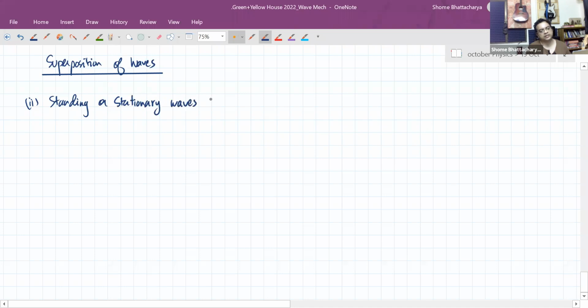Now these are created when waves are traveling in opposite directions. Again, remember we are talking about transverse 1D harmonic waves, the physical example being waves on a string.